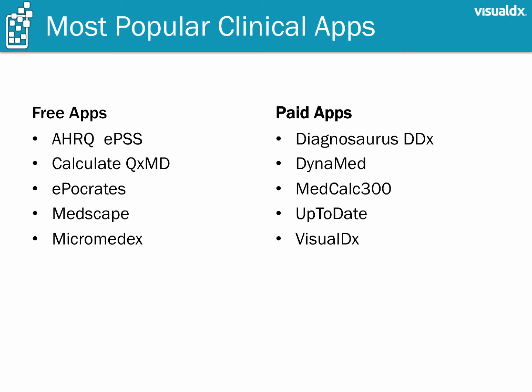But these are some of the most popular based on recent research. Epocrates has been around for quite a while, as well as Medscape, Micromedex, Calculate, QxMD, and some of the others we reviewed before. We'll get to some of these further in our case studies as we go on.